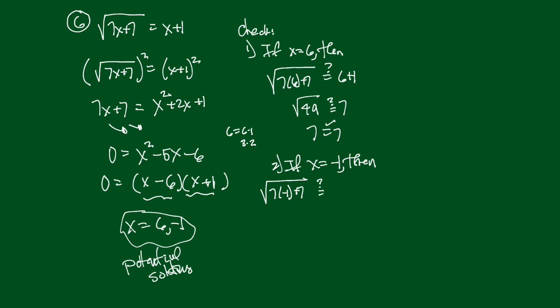Is that equal to negative 1 plus 1? Well, what do we get inside? 7 times negative 1 is negative 7 plus 7 is 0. Is that equal to 0? Square root of 0 is 0. 0 equals 0, that one checks. So both of these potential solutions check. So we're going to say that x is equal to 6 and negative 1. You can use either one of those and you'll get a true statement.